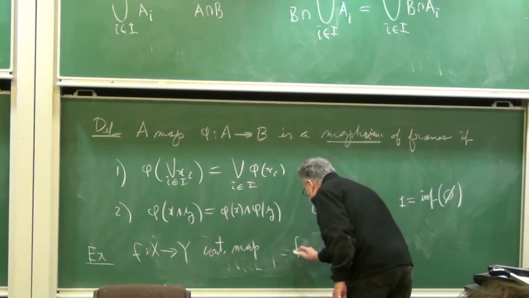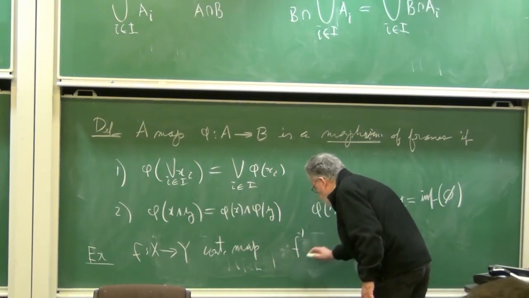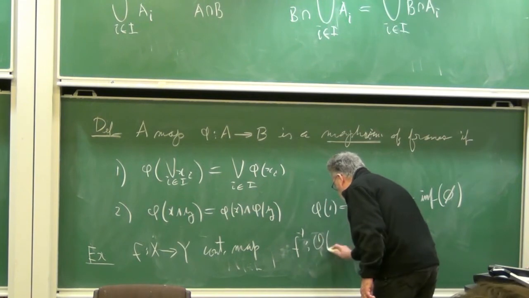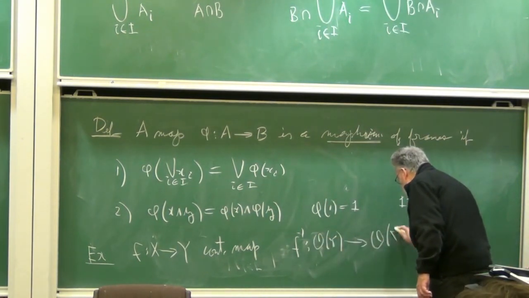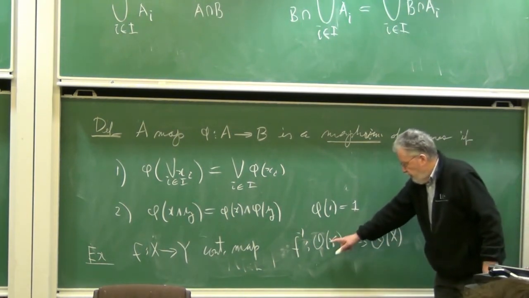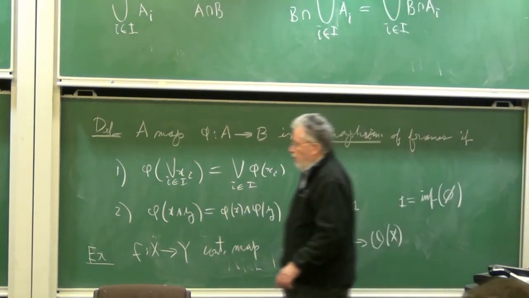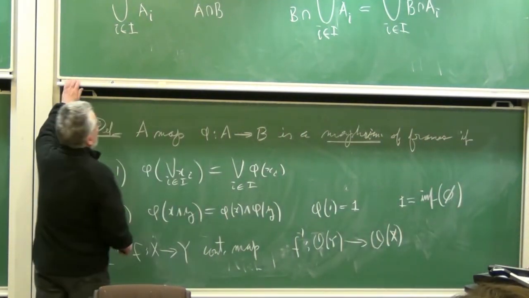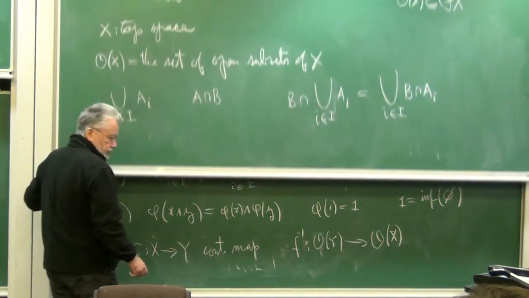The inverse image of an open set is open, so you get an inverse image map from the open sets of Y to the open sets of X. Now, OX and OY are frames, and this map is a morphism of frames. Okay, so we have a category which we could call the category of frames.